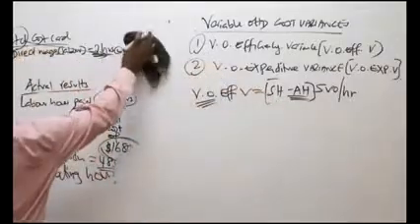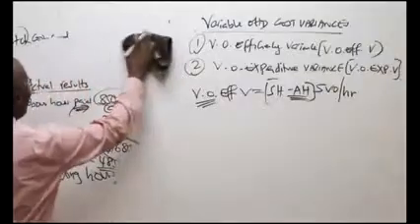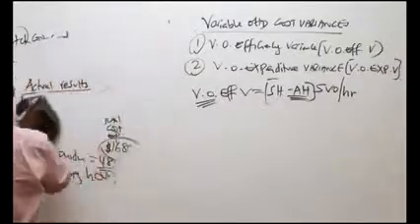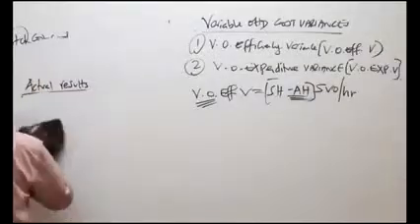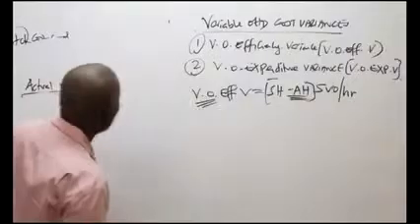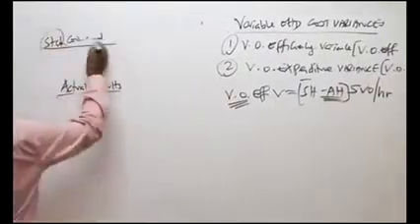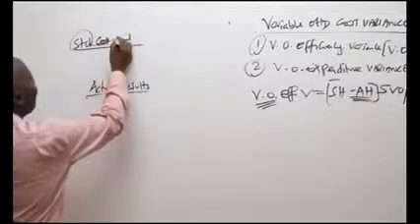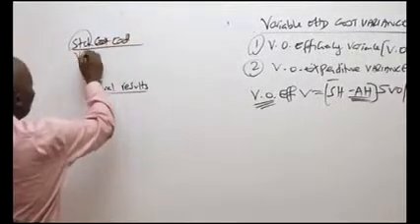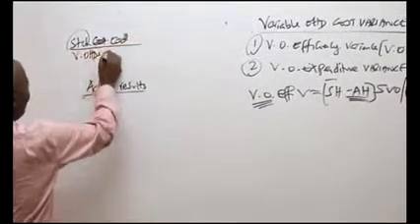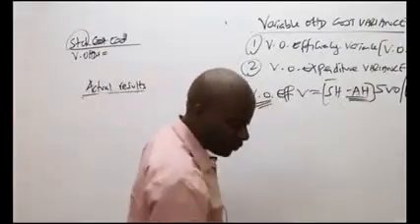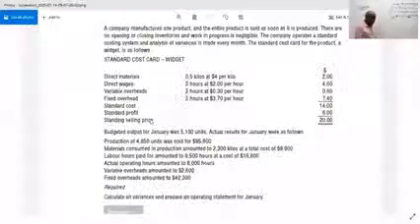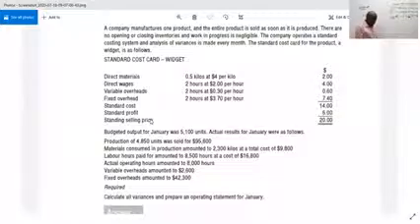So now we are looking at variable overheads one at a time. We have the variable overhead standard cost card. Go to that particular place in the question where they make reference to variable overheads. What do we have there?